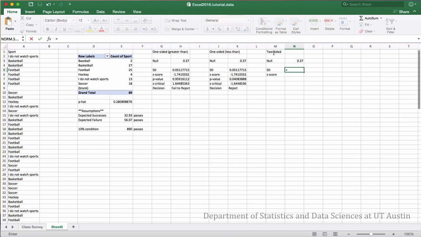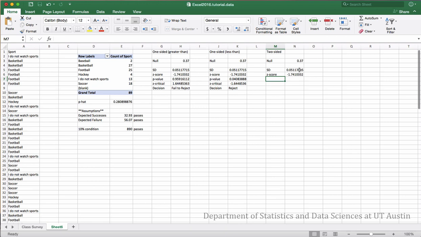Nothing is affected by that. Our z-score is calculated the exact same way, which is our estimate, what we got directly from the sample, minus the claim, divided by the standard deviation.